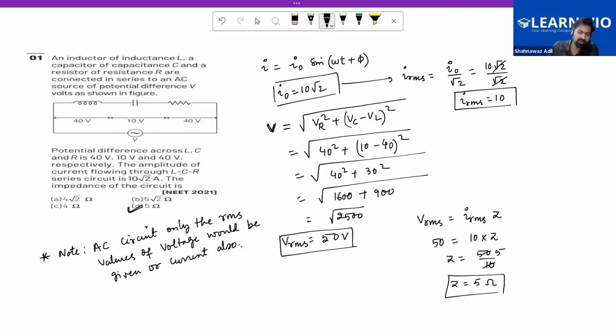So whenever you see the marking, all those would be RMS values, right? But in here it was written that the amplitude of the current. So this is the amplitude, right?